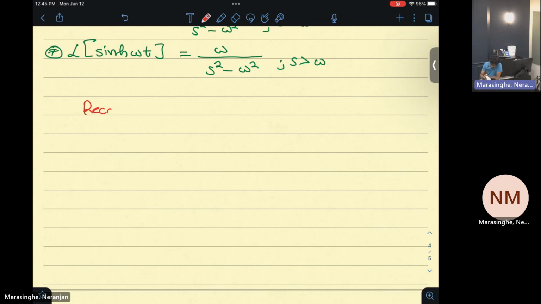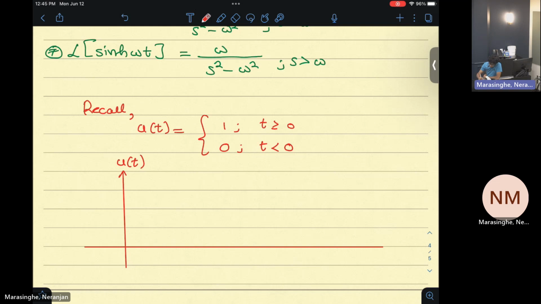Recall what was u(t)? u(t) is equal to 1 if t is greater than or equal to 0, and u(t) is 0 if t is less than 0. Okay.